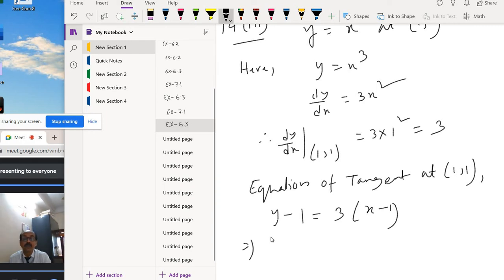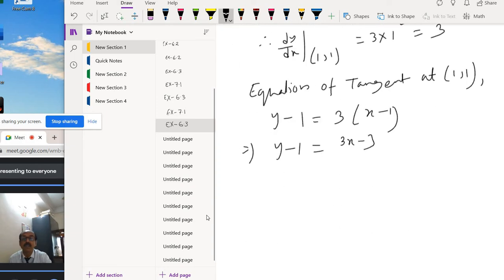So y minus 1 equal to 3x minus 3. Now y equal to 3x minus 3 plus 1, so y equal to 3x minus 2.